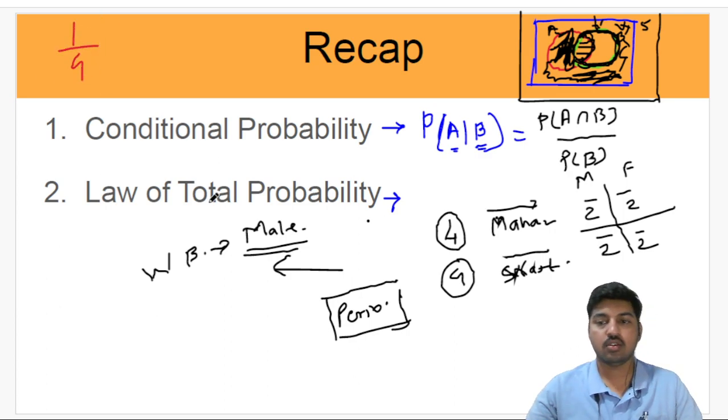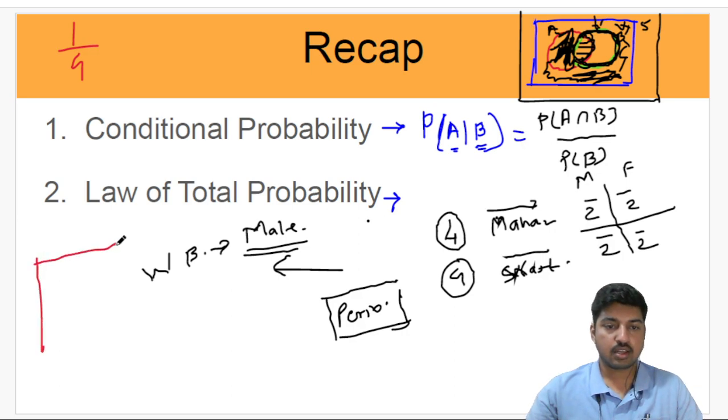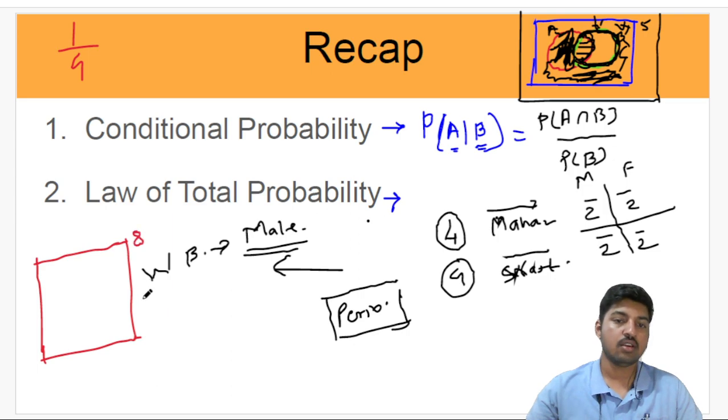Now we will look at that also. How many total students are there? 8. So I would say there are a total of 8 students. This is my sample space. Now I am defining, see how I am defining. I want the state also. I want the male-female also.